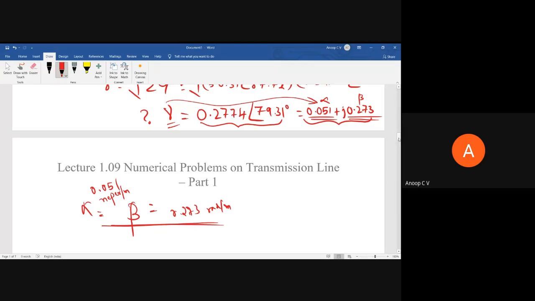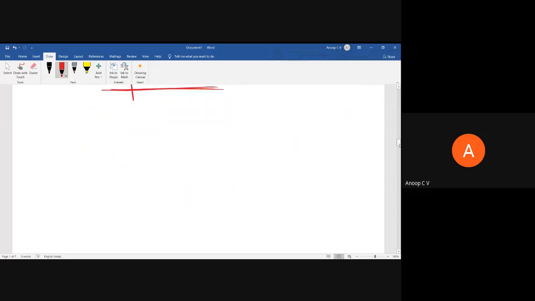Now the next question is how to find this Z naught. Z naught is root of Z by Y. So please do find that. What is Z naught?